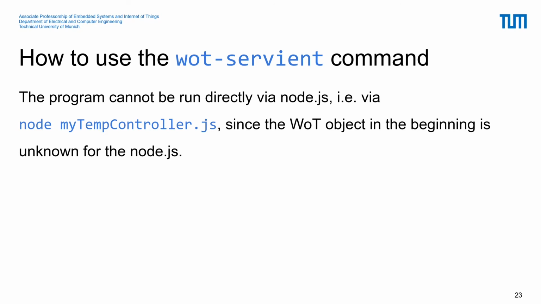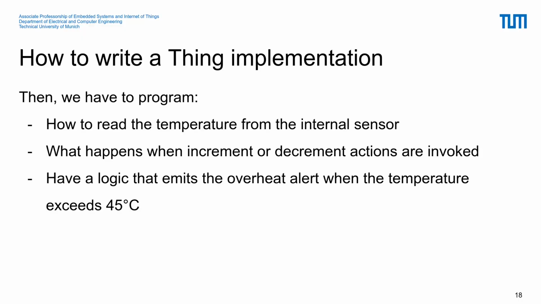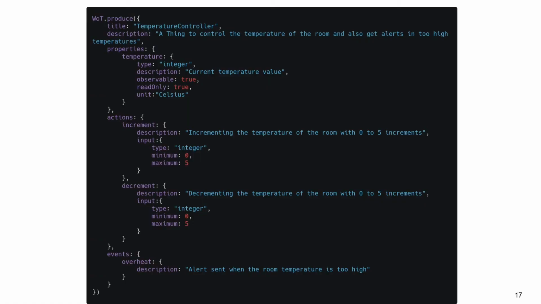But maybe you should have noticed that we have this WoT object. So if we look back, we have this object here, the WoT, and then everything happens thanks to this actually. So we call WoT.produce.